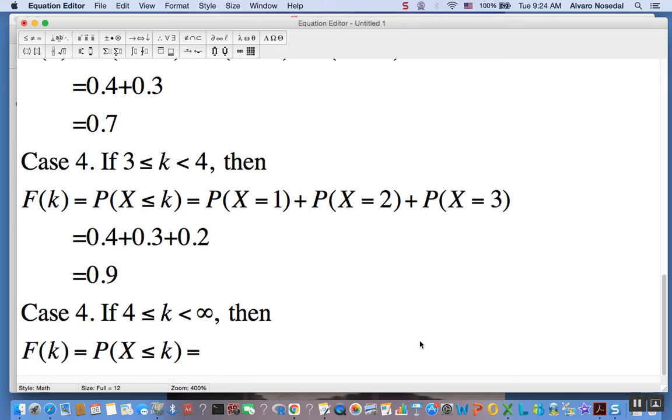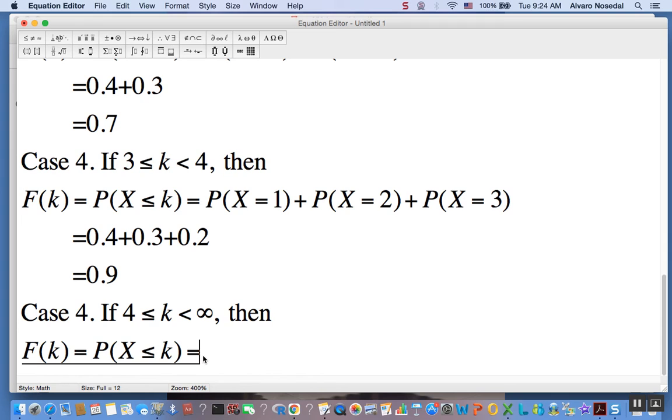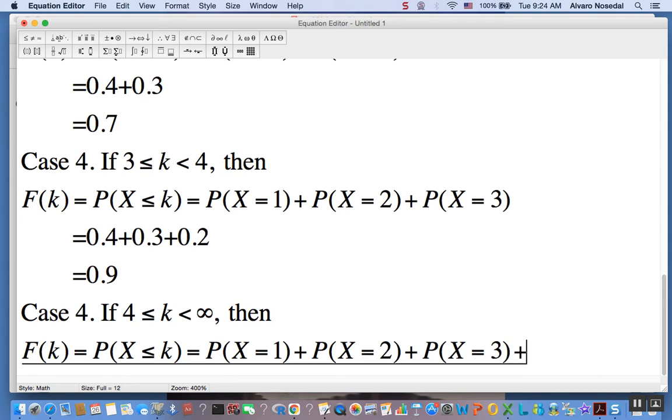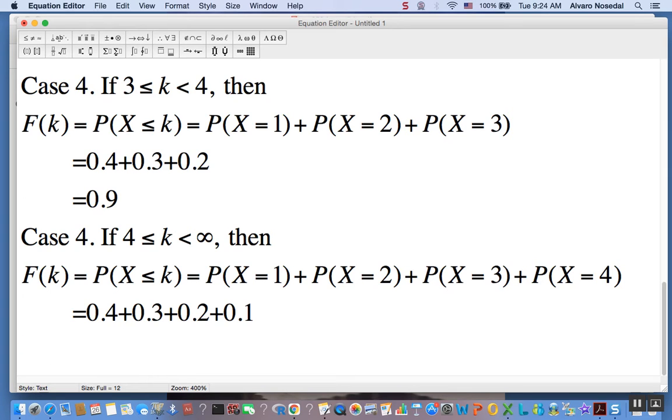But let's be very specific. It would be just the sum of all these probabilities. So it would be the sum of all these plus the other one, 0.1, that was the other one, and that would be 1.